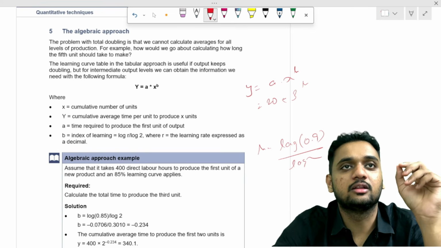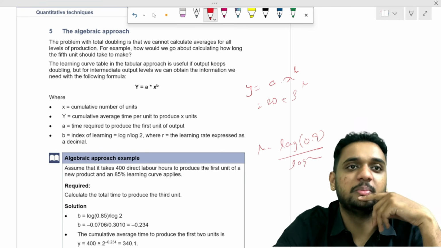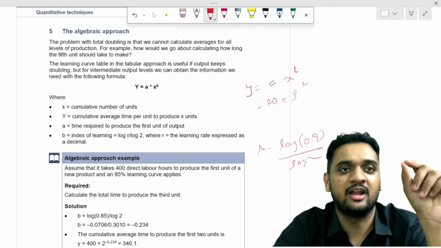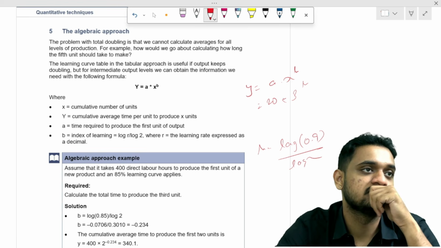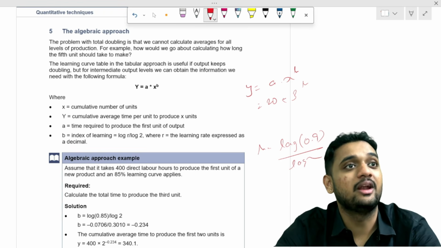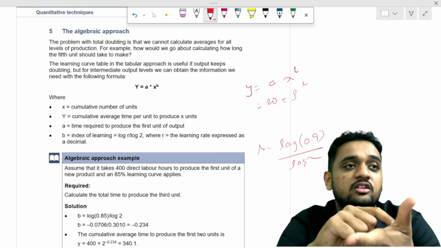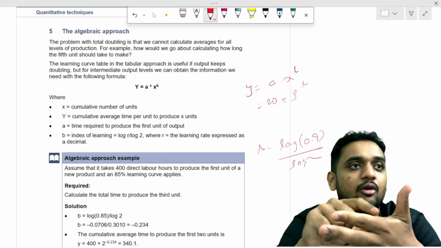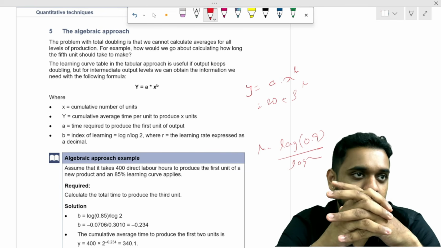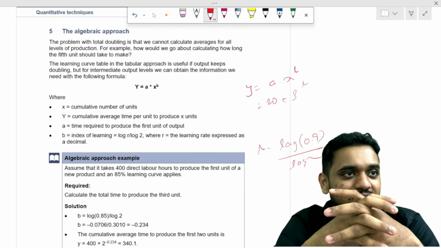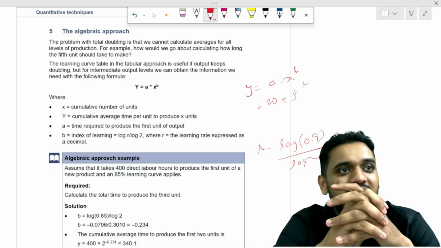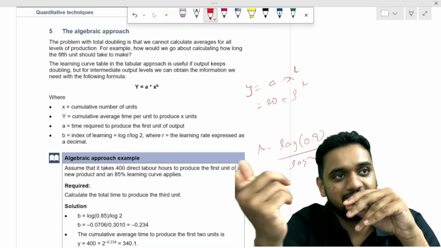If it is a 90% curve, what is b? Log 0.9 divided by log 2. So here y is the cumulative average time. The question they will ask is, what is the cumulative average time per unit for 3 units? So 3 is x, the number of units.